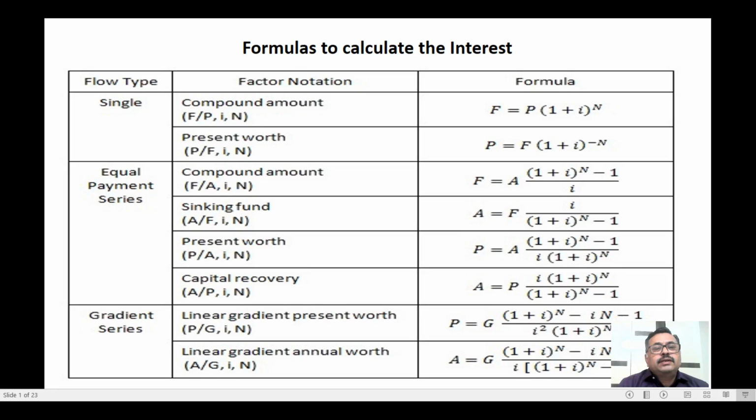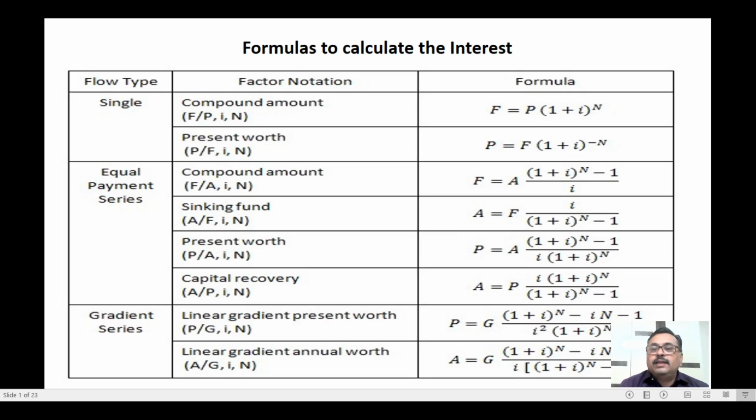Next is the sinking fund factor. Under the sinking fund factor, we are calculating the annual equivalent amount of a future sum, that is A/F, I, N. Here F, I and N are given, and we have to calculate A, the equal payment that has to be made every year.